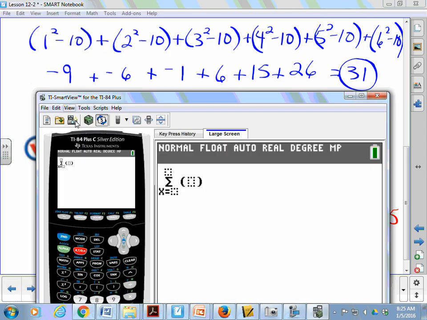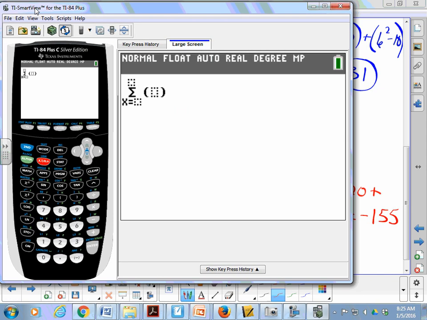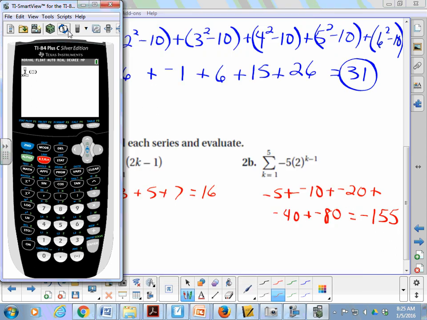So let's do B. We're going to go from 1 to 5, and then put in negative 5 times 2 to the power of x minus 1. And we get negative 155.